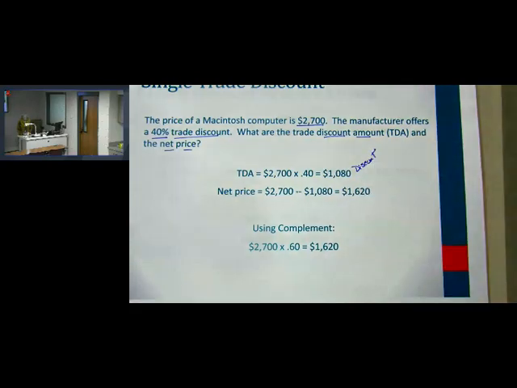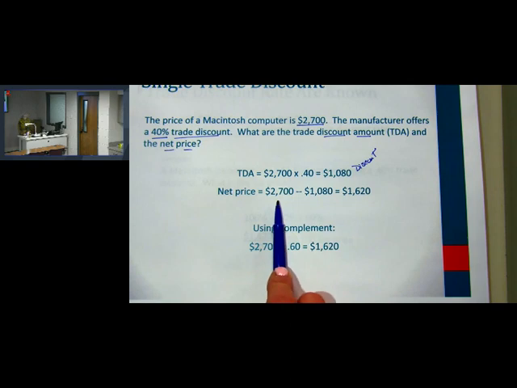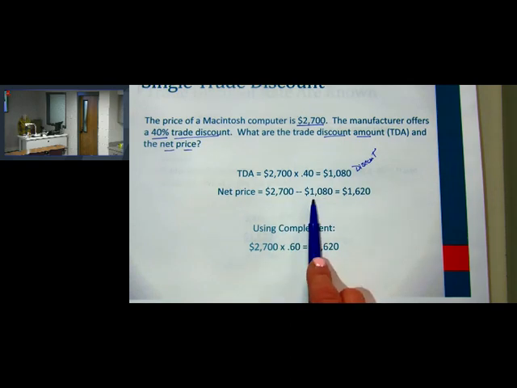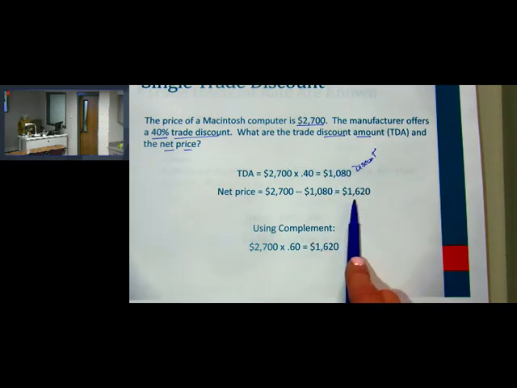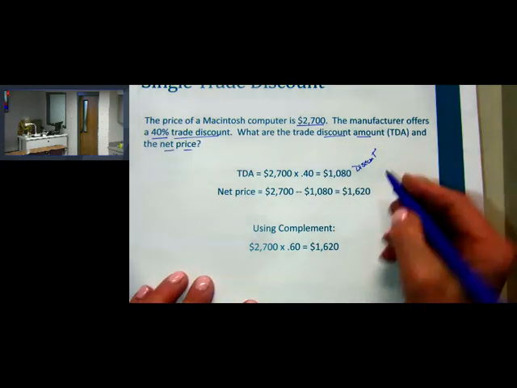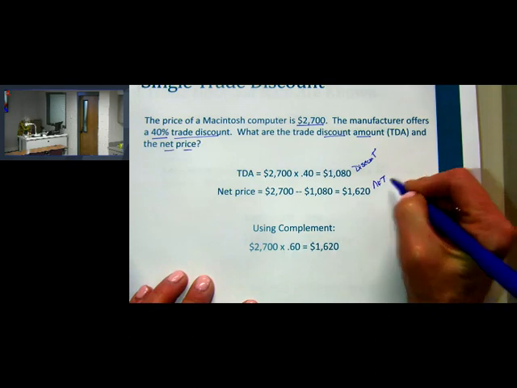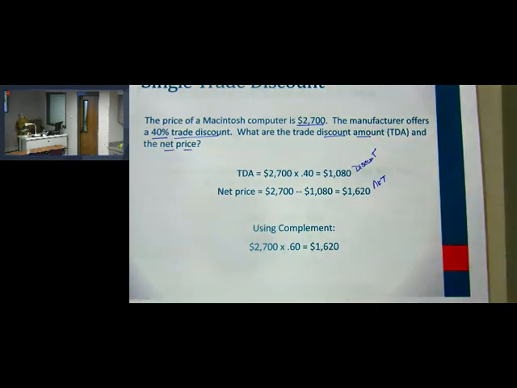That's how much off. But then we're still trying to figure out, gosh, what are we going to pay for that computer? I'm still calculating in my brain. So now I've got to take list of 2,700, do a little subtraction step in my brain, take the discount amount off, and I know that this now is my net price of 1,620.